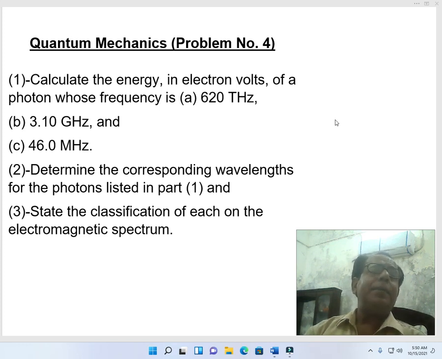Second part says determine the corresponding wavelengths for the photons listed in part 1, and part 3 is state the classification of each on the electromagnetic spectrum.